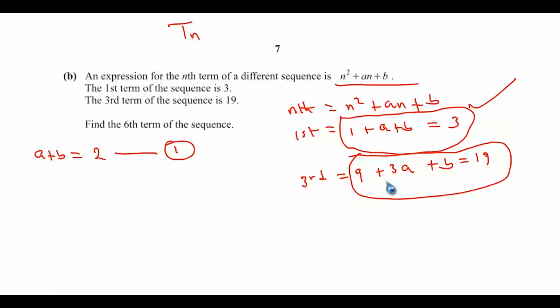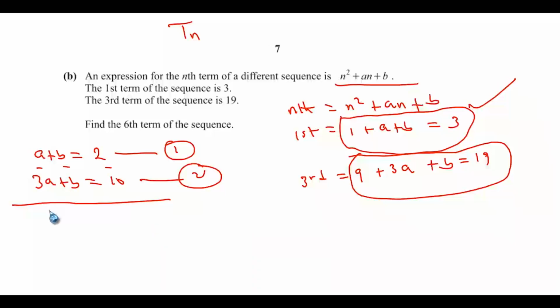Let's rearrange this one too. I have 3a plus b to be equals to 9 goes to the right hand side and becomes negative. 19 minus 9, that will be 10. So this will be equation 2. Solving these two equations simultaneously using the elimination method, I want to eliminate b, so it will be minus, minus, minus here.